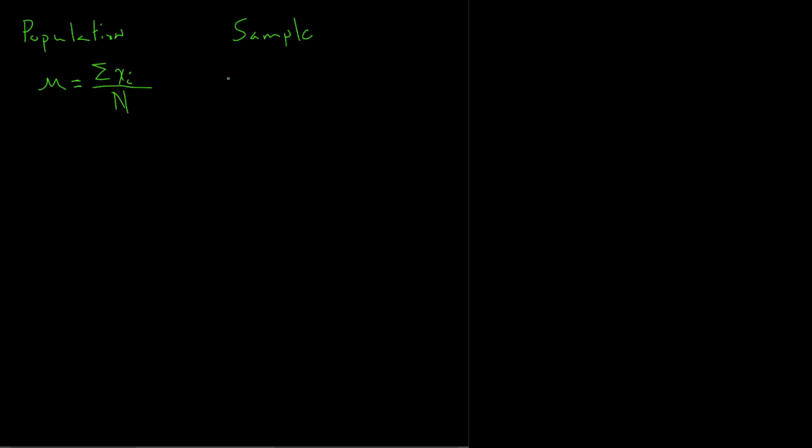Now for a sample, we're going to use X bar as our average. And we're going to sum up every piece of data we've collected in the sample and divide it by the number of things in the sample. Now the process is the same. We add everything up and divide it by the number of things. We're just making two distinctions.